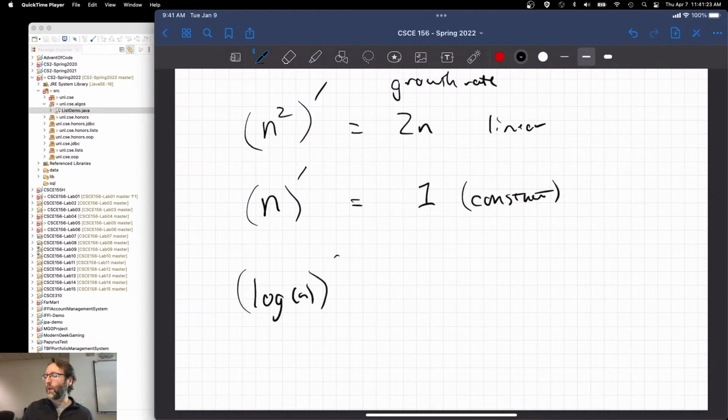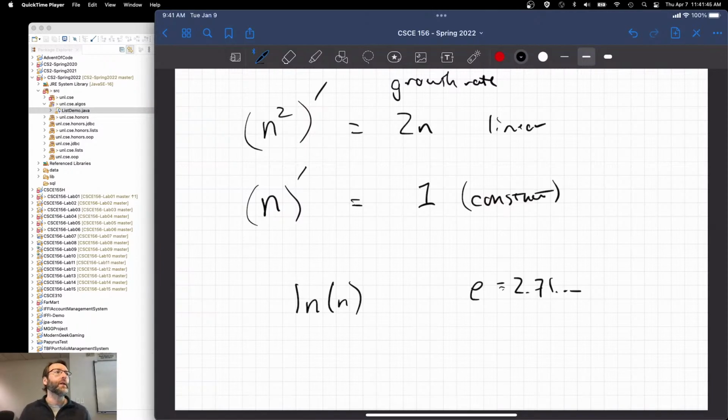By the way, what log is this? Not all logs are the same, right? That's a different log. That's the natural log. Why do we call that the natural log? Because it's base e, which is 2.71... Why is that 2.71?